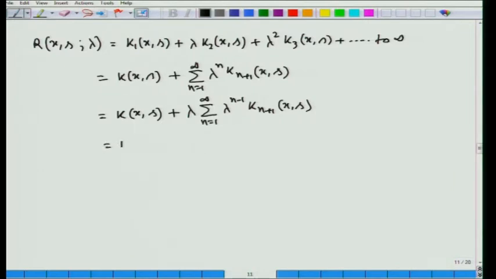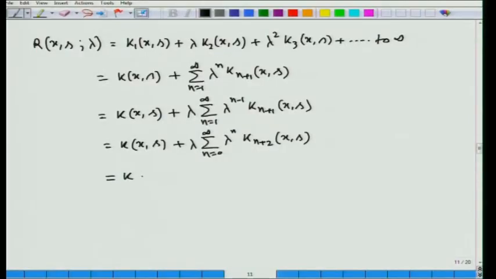So, changing the limit of the sum, we can write this as K(x, s) plus lambda sigma n equal to 0 to infinity lambda to the power n, where K_(n+1) is converted into K_(n+2)(x, s). And now, for K_(n+2)(x, s), we can write the formula for the iterated kernel.